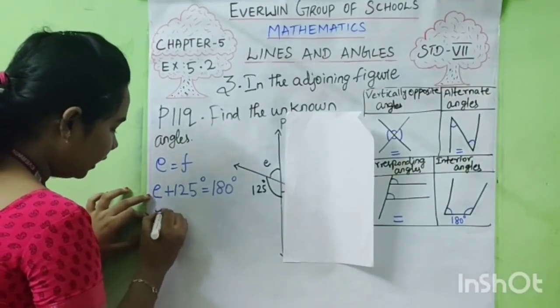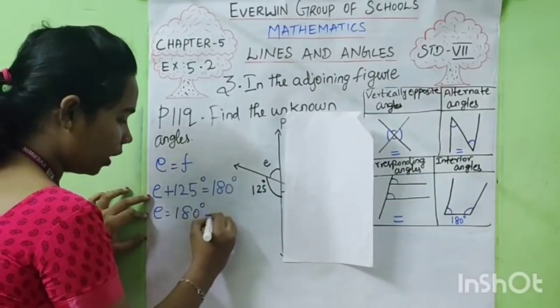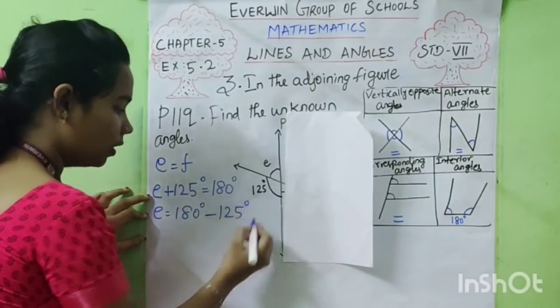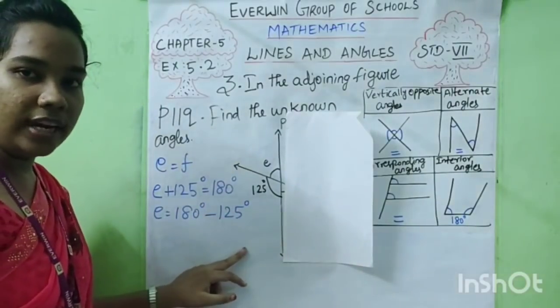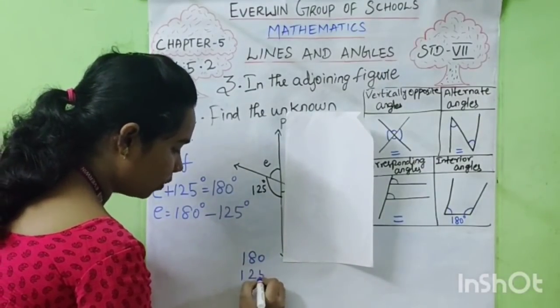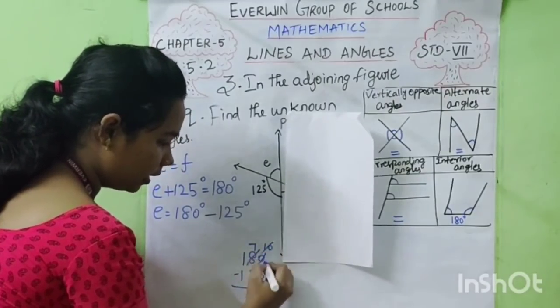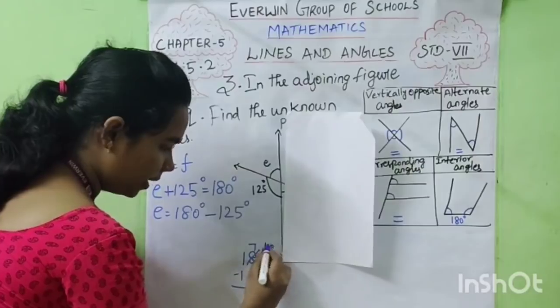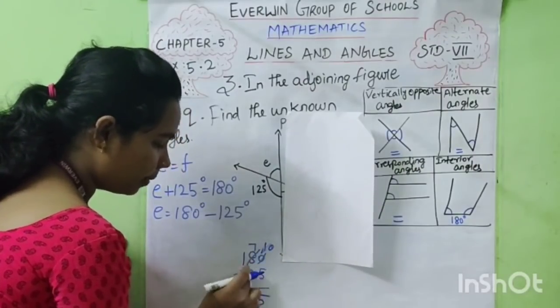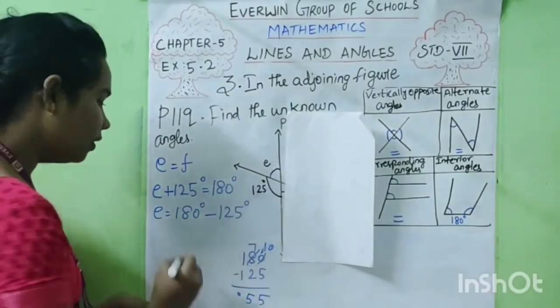Next, E equals 180 degrees minus 125 degrees. What is 180 minus 125? 10 minus 5 is 5, 7 minus 2 is 5, 1 minus 1 is 0. So 55 degrees.